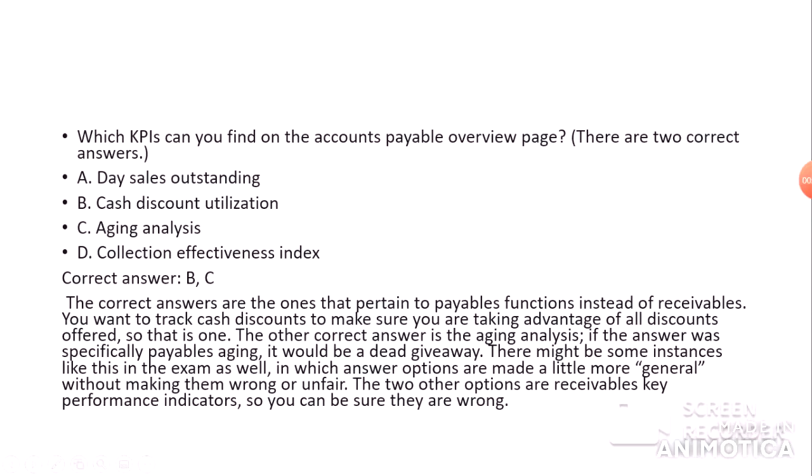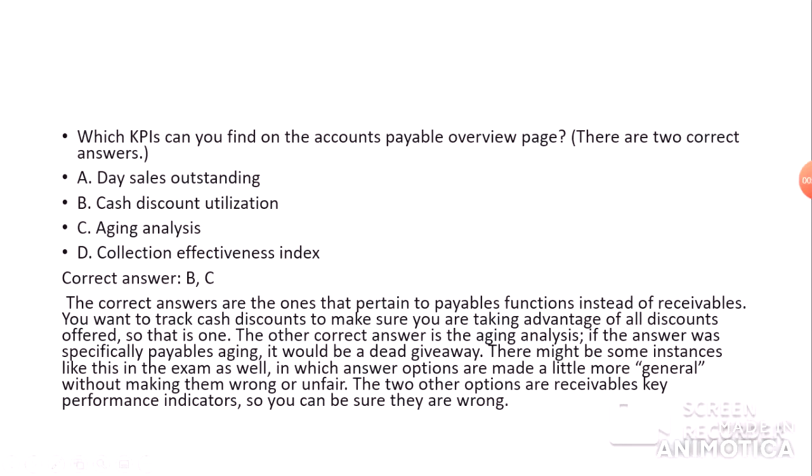The correct answers are the ones that pertain to payables functions instead of receivables. So day sales outstanding is receivable. So we have to carefully read the question to see which topic it is related to.